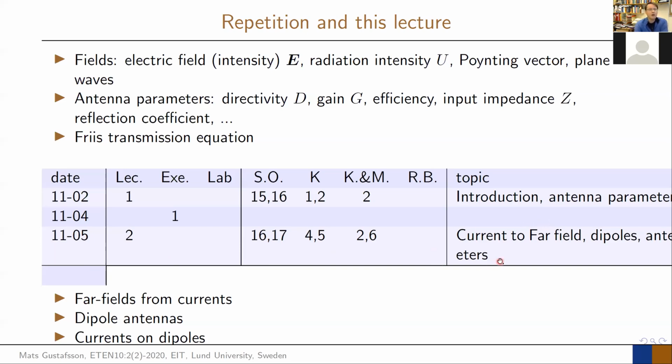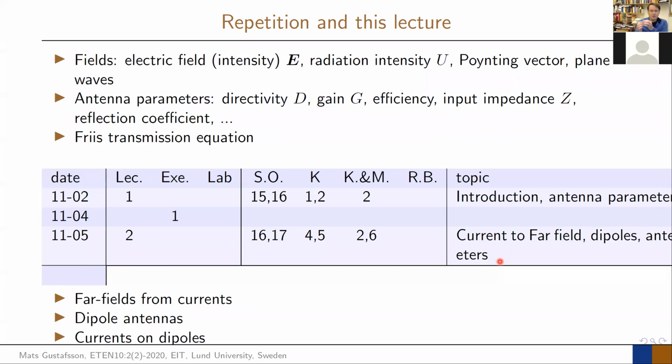What we will look at now is how we actually determine the radiated field. In lecture 1, I said that we had a dipole antenna, and it radiates some radiation intensity, and we can describe it with some parameters. But how do I determine what the directivity is, for example, of a dipole?